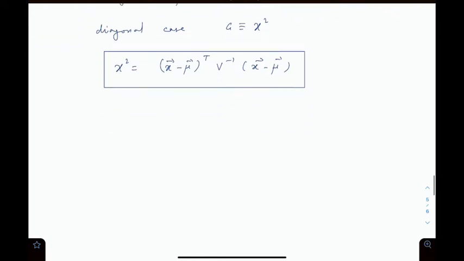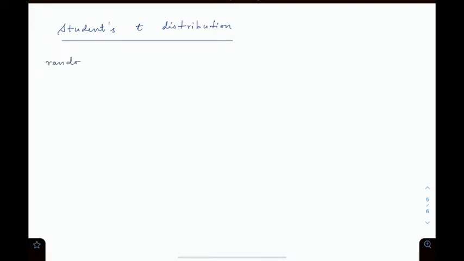Now, let's move on to another distribution. It's popularly known as the student's T distribution. So consider a random variable x that is normally distributed with mean mu and standard deviation sigma.